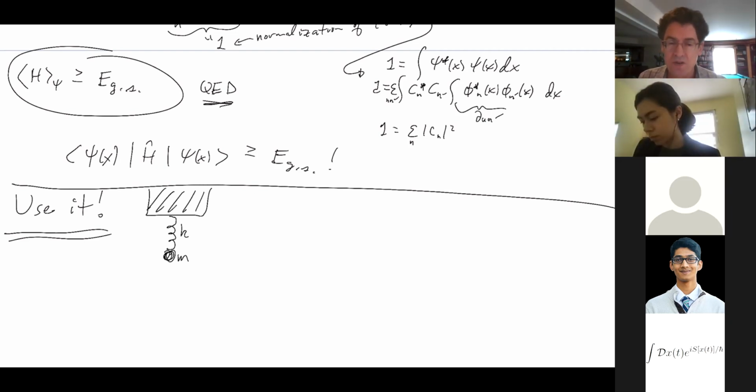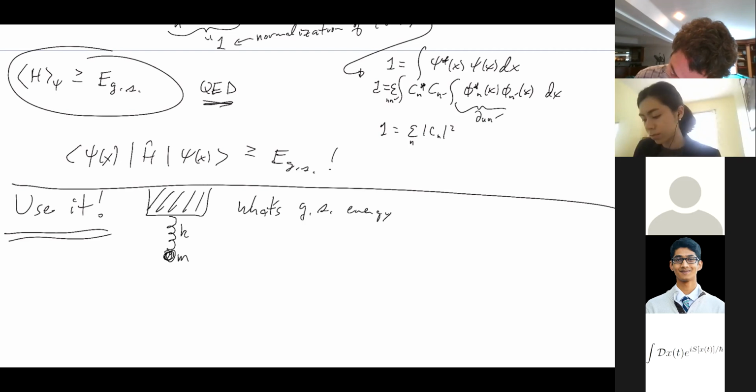What I want to know is, what's the ground state energy of my tiny harmonic oscillator?